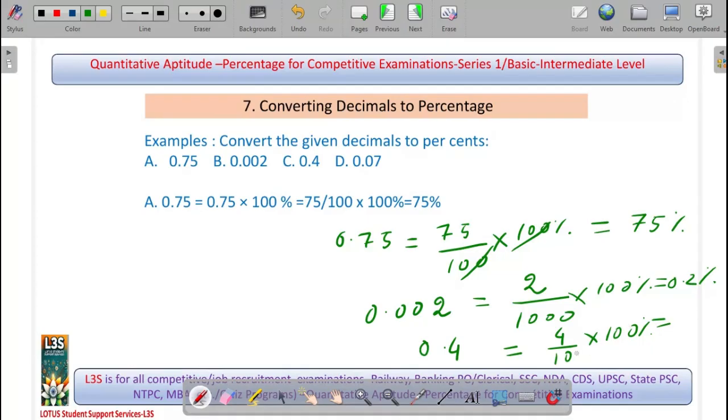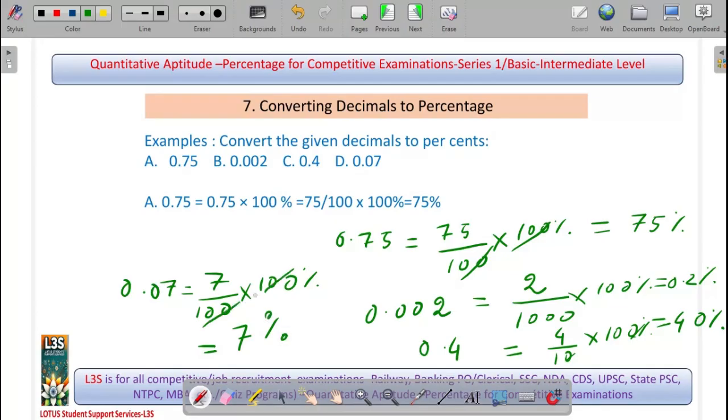So that means 40%. Okay, and the last one, 0.07, that means 7 by 100 into 100%. So it will be 7%.